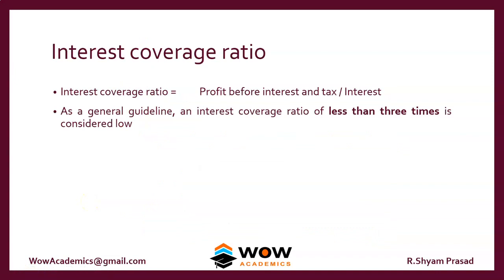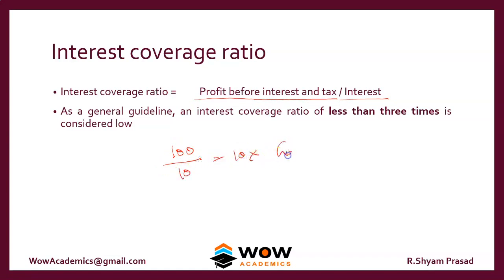So one of the ways to analyze the dangerousness of interest and debt is to use the interest coverage ratio. The formula works like this: profit before interest and tax divided by interest. If your profit is 100 and your interest is 10, it gives you 10x.